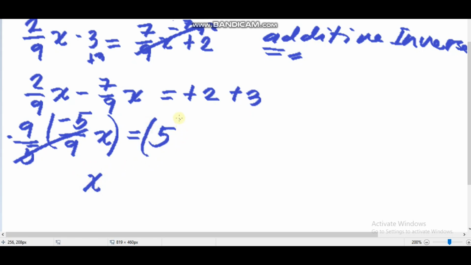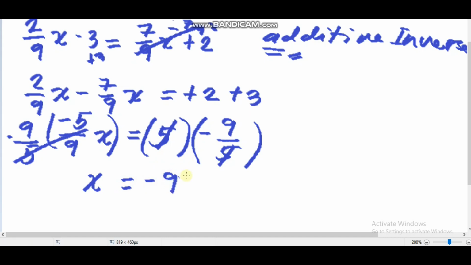And since we multiplied by negative 9 over 5, we also have to multiply negative 9 over 5 on the other side. So, we do cancellation. What is left is negative 9. So, that is the answer to this equation.